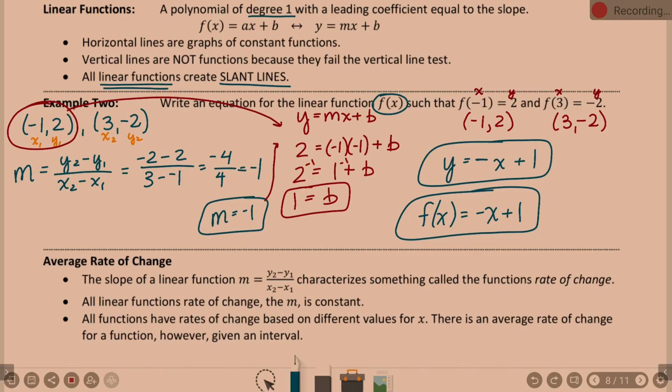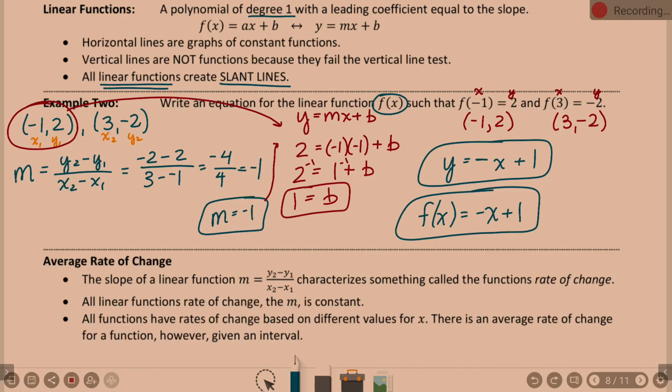All linear functions' rate of change, the slope, is constant because a line has a constant rate of change, right? Its rise over run is constant. It's constantly going up and over at the same rate. All functions have rate of change based on different values of x. There's an average rate of change for a function, however, given an interval. So with a linear function, it's always the same.